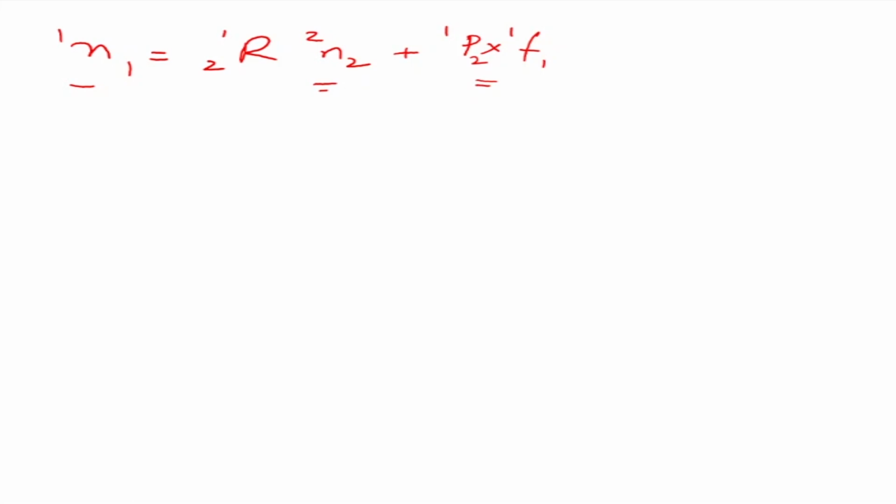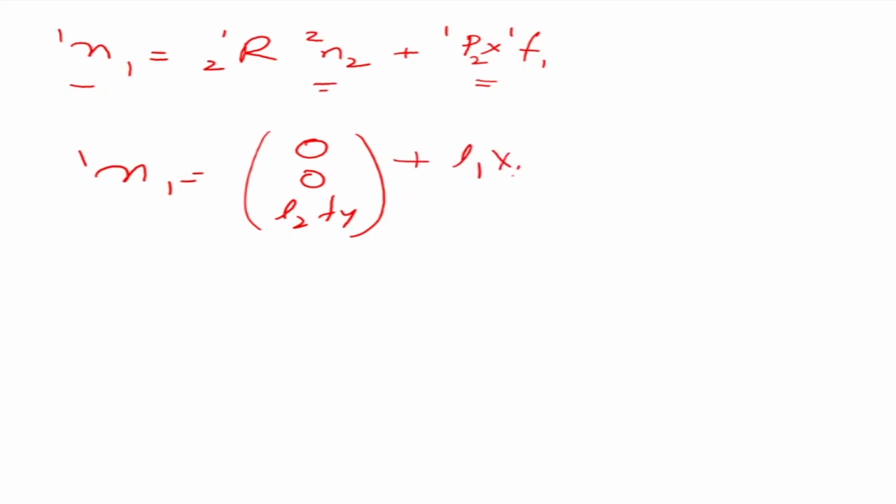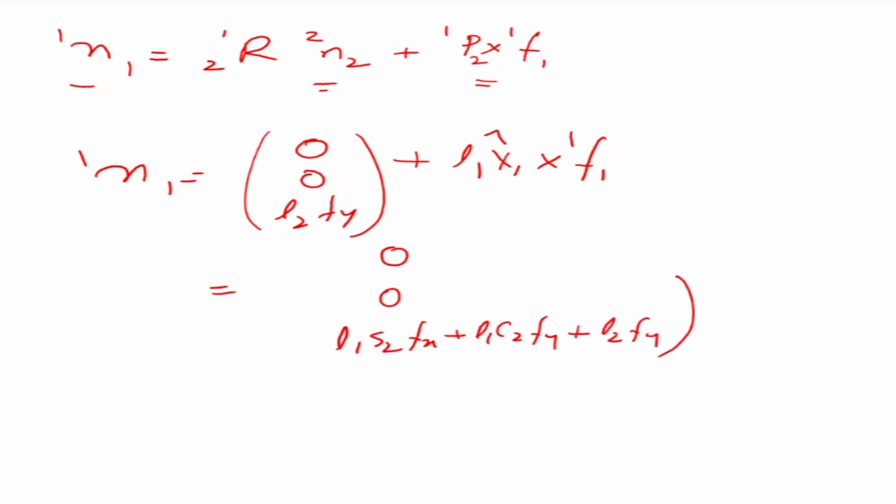Okay, so n11 is equal to 0, 0, L2 Fy. This is the moment acting on the second joint, plus L1 cross F, which is equal to 0, 0, L1 sin θ2 fx plus L1 cos θ2 Fy plus L2 Fy.